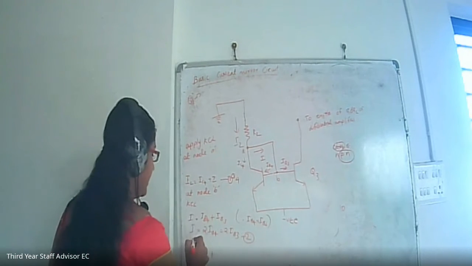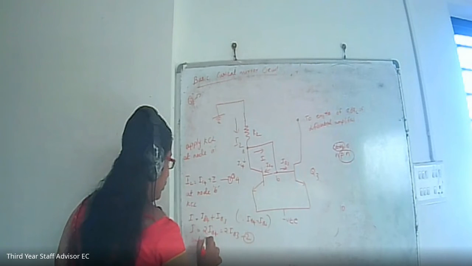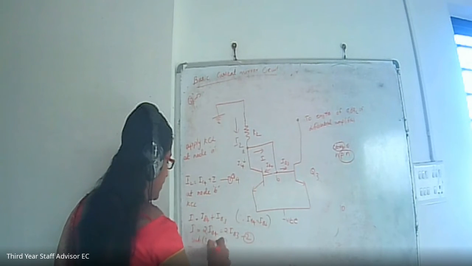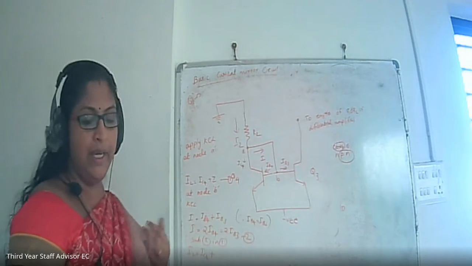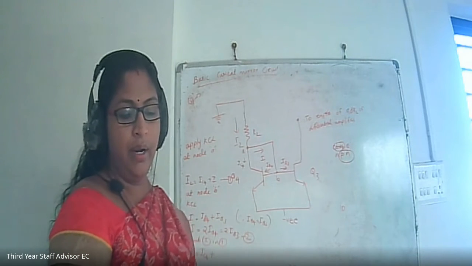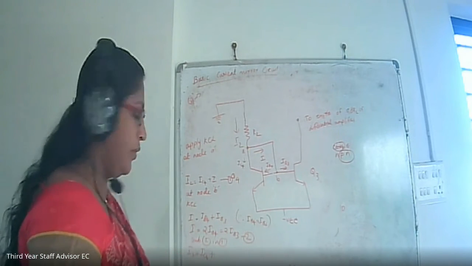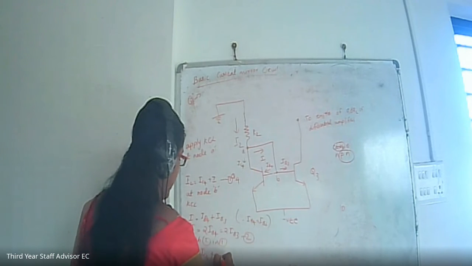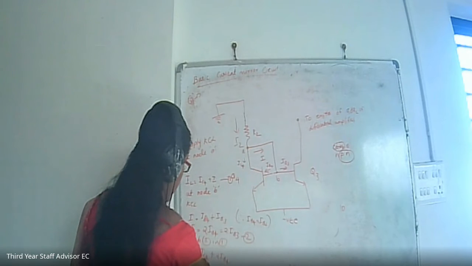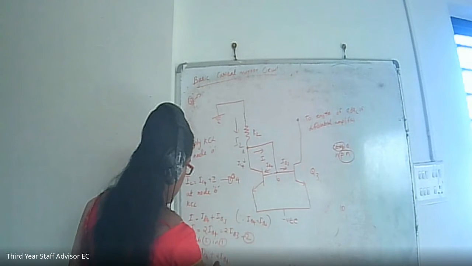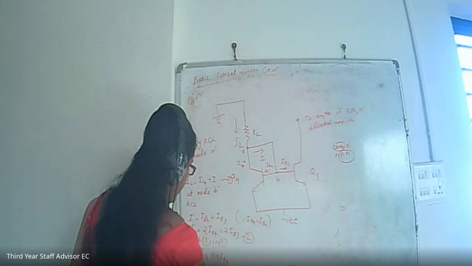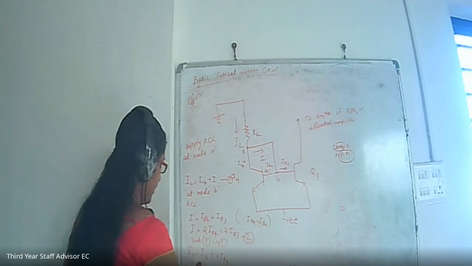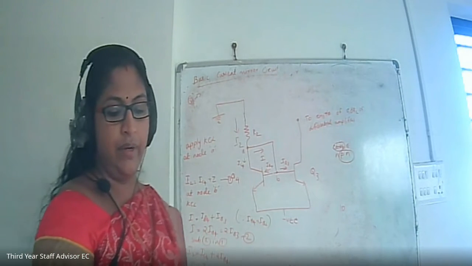So substitute 2 in 1. So I2 will be equal to IC4 plus 2IB4, or IC4 plus 2IB3. Both the equations are the same. So I2 is like this. You can write the equation like this.